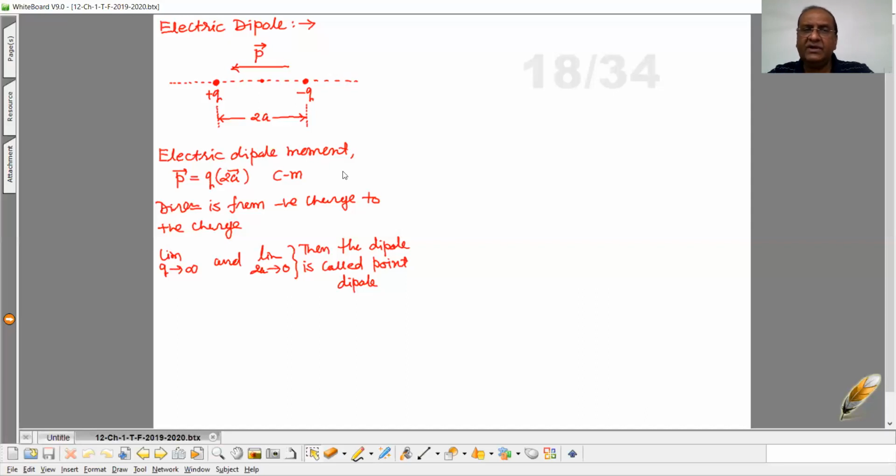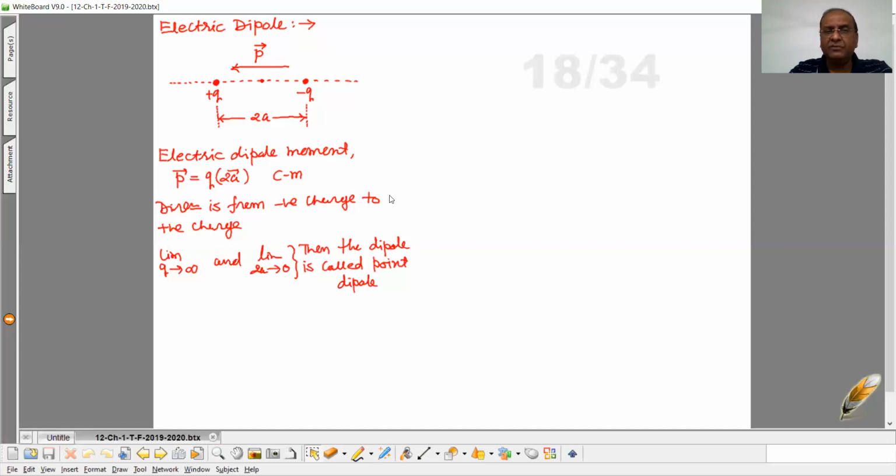The electric dipole moment is a vector quantity, represented as p equals q into 2a. Its unit is coulomb meter, and its direction is always from the negative charge to the positive charge.